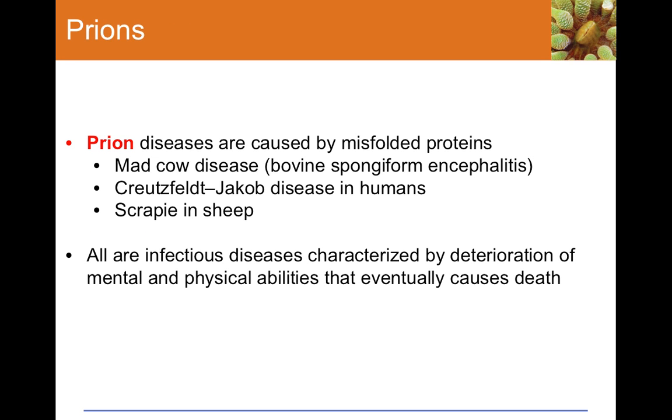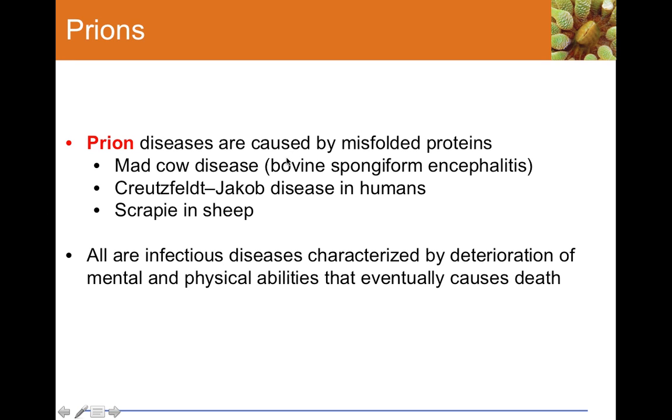So here's a cool little thing for proteins: prions. You may or may not remember this from Gen Bio, but sometimes there is a disease-causing agent which is not a virus, and it's not a bacteria, and it's not a fungus. It is just a protein. And this protein is misfolded, and it can cause disease.